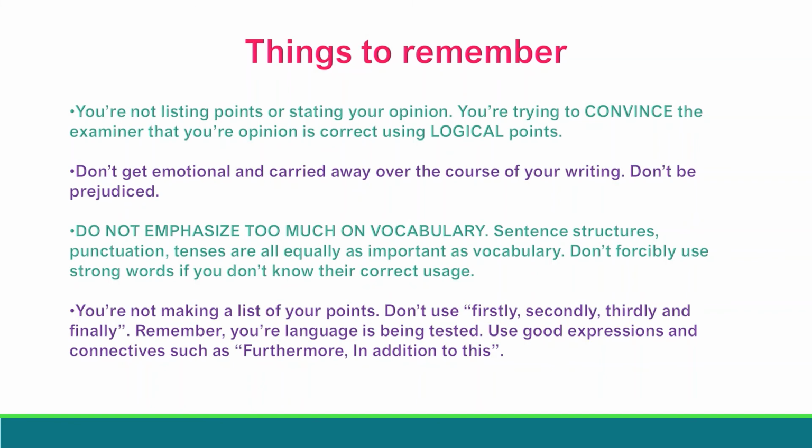Put them across as arguments. These are the strong arguments that you have against whatever the statement is in the question. So don't say firstly, secondly, thirdly. There are better phrases and words that you can use: furthermore, however, in addition, etc. So these are things you need to remember when you're writing an argumentative essay.